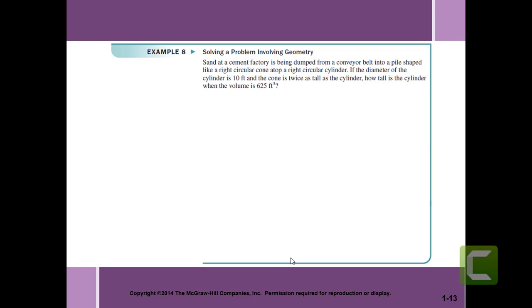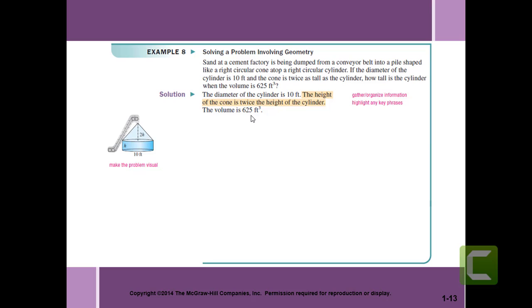So again, we're going to go through the steps. First, we're going to write down the information. We know that the diameter of the cylinder is 10 feet. The height of the cone is twice the height of the cylinder. And the volume is 625 cubic feet. And what do we want? We want to find out the height of the cylinder.